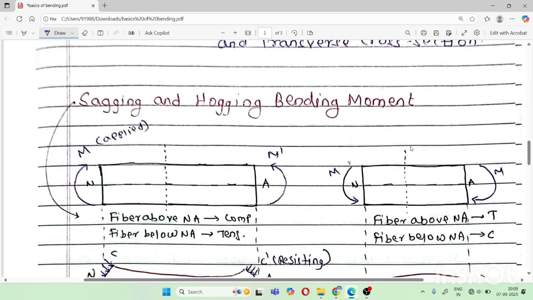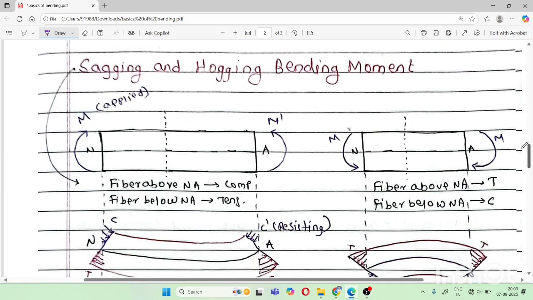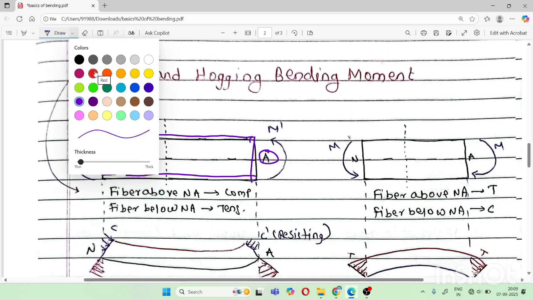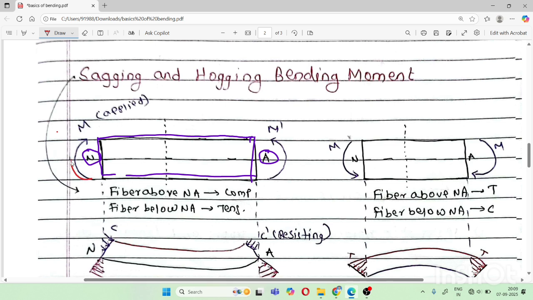So let's discuss the next concept, sagging and hogging bending moment. Again I have drawn a beam. On the first beam, we have applied a moment and the direction is shown. This is our neutral axis. Due to the application of the moment, my beam is going to bend in this direction.